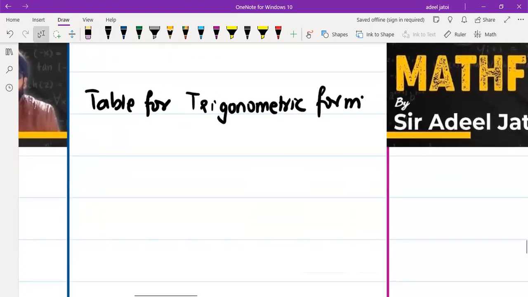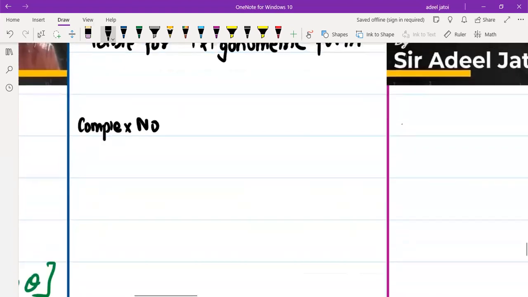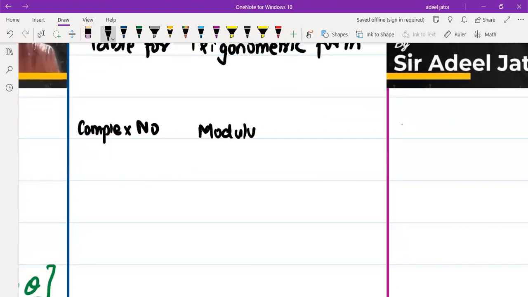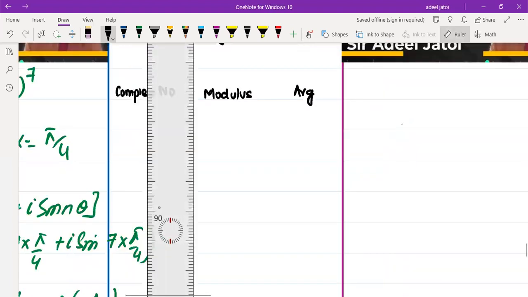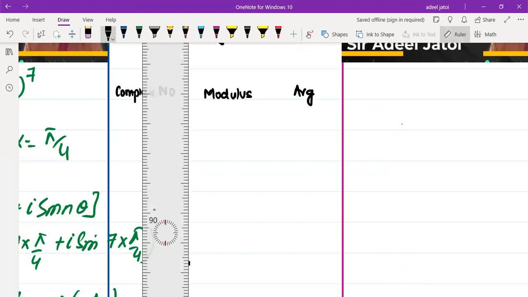Let's say we have a complex number, then we will have its modulus, how to find the modulus, and how to find the argument, that means the angle for that. Let's just work upon it.